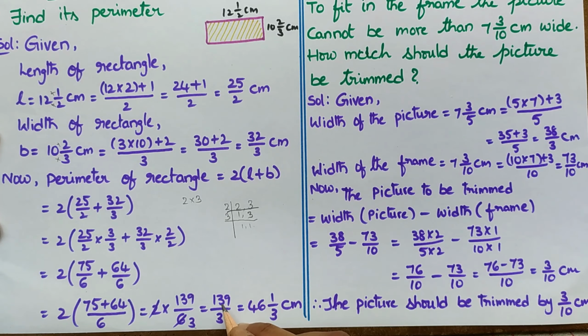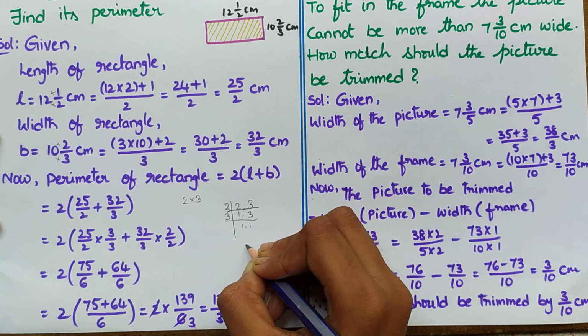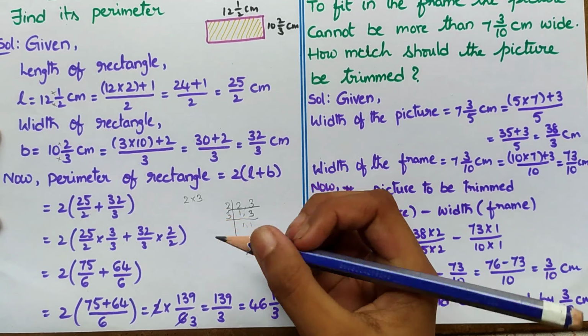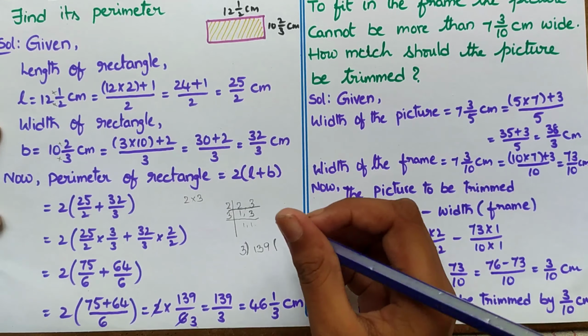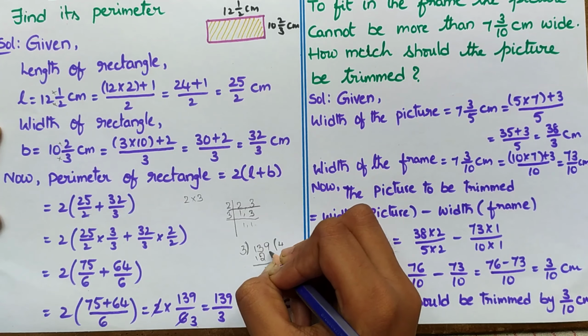Now, let us see how to convert an improper fraction into a mixed fraction. As you have seen, we have to do a specific division. Let's do the division. Here is 3 and here is 139. 3 4s are 12 and the remainder is 1. Let us drop 9.